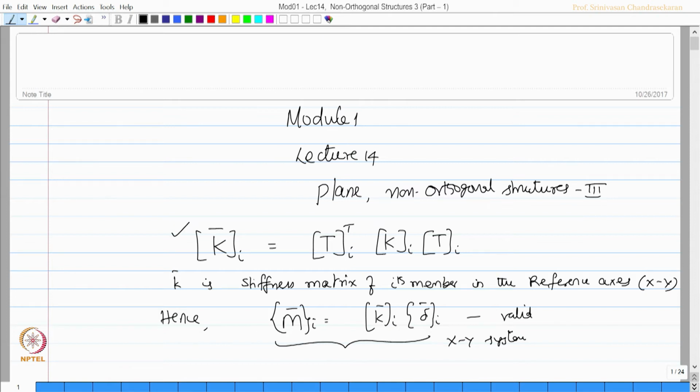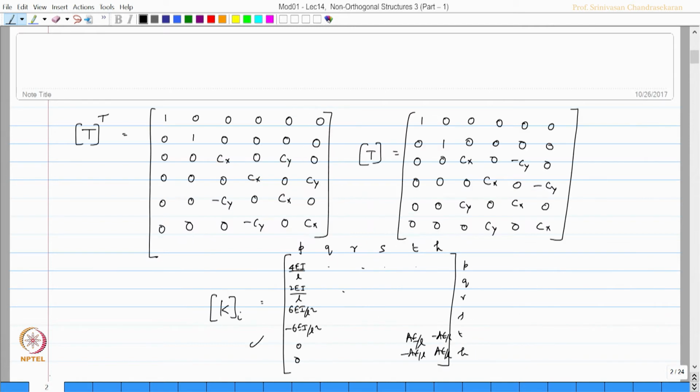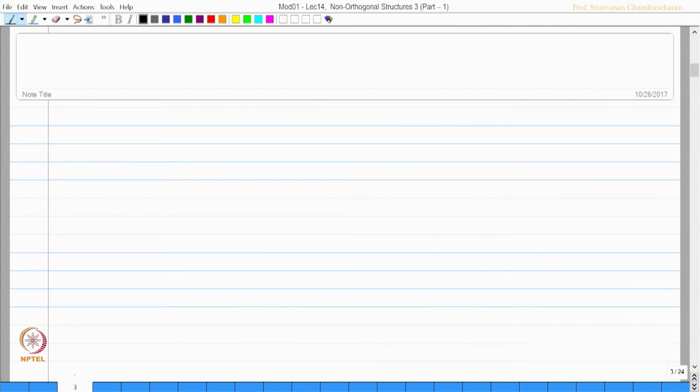Now, look at this expression. If you want to find k global, I have to pre-multiply my ki by T transpose and then post-multiply this with the transformation matrix. I have all the 3 here. You can do simple arithmetic and find k bar as an interesting exercise for any ith member. There is no difficulty in getting this. Once we get k bar, we know the following equations are valid.